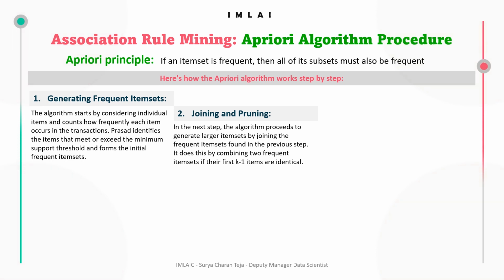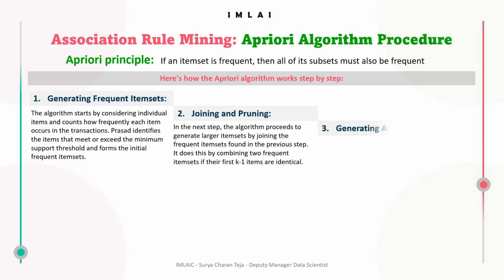The algorithm then prunes the generated item sets by eliminating those that do not meet the minimum support threshold. This pruning step helps reduce the search space and focuses on the most relevant and frequently occurring item sets.